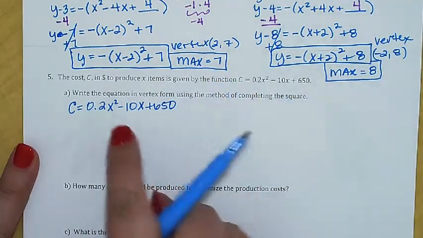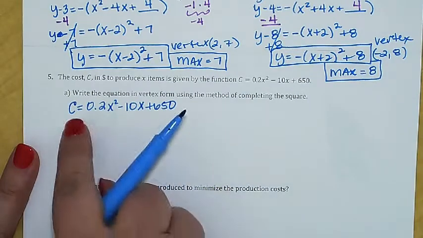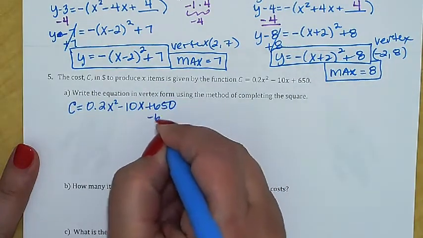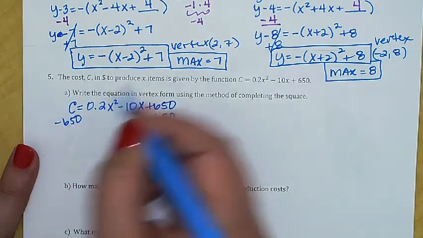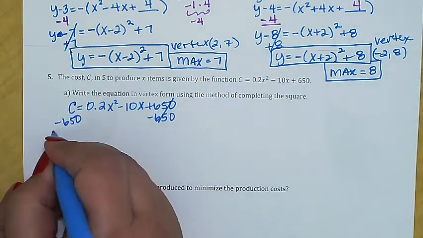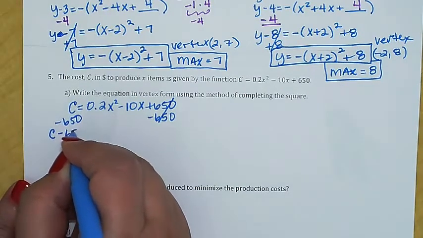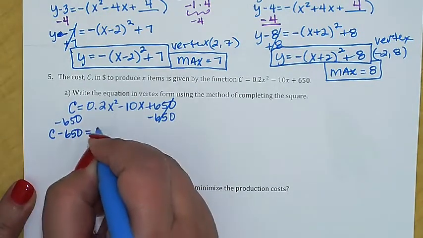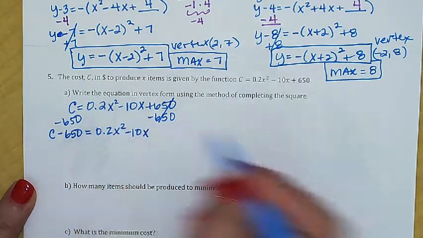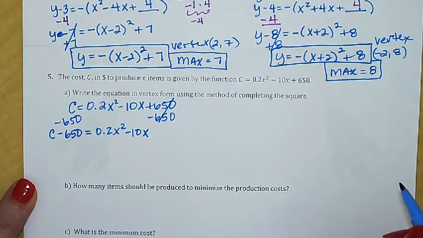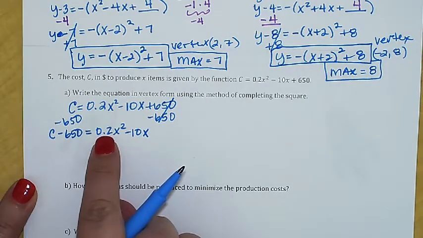Okay, so first things first, let's go ahead and move that 650 to the left side so we can start the process of completing the square. So I've got C minus 650 is equal to this. Okay. And then we have the predicament of that coefficient there.